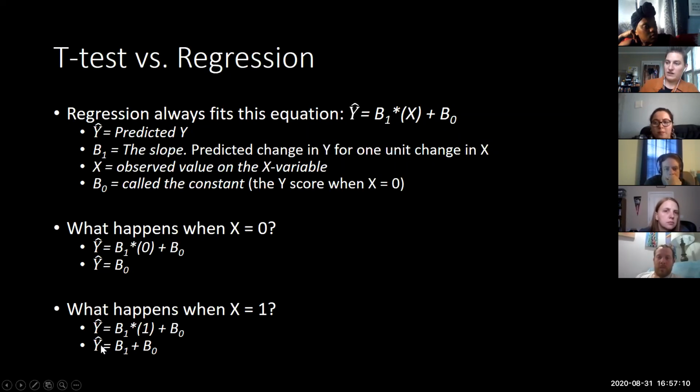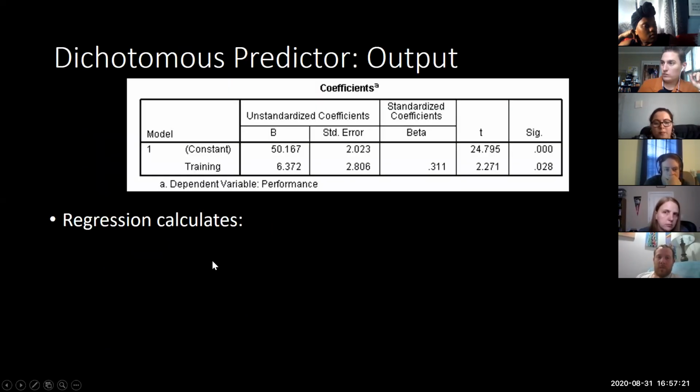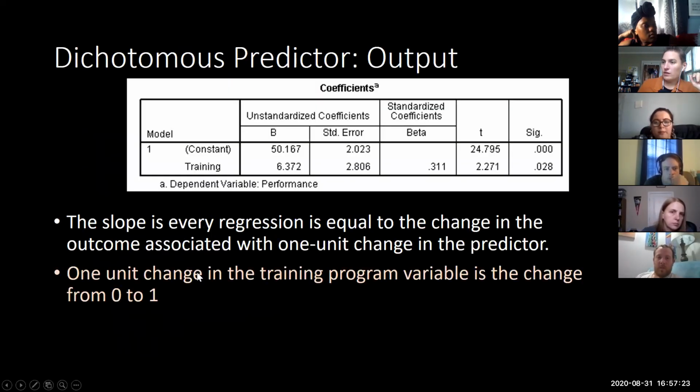Does that make sense? Because if my x value becomes 0, then my y hat is equal to B0. So that's what the B0 is.